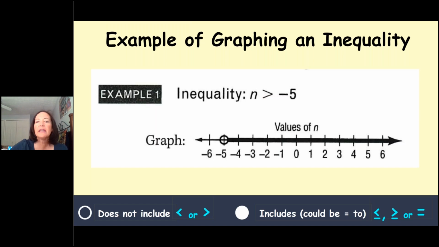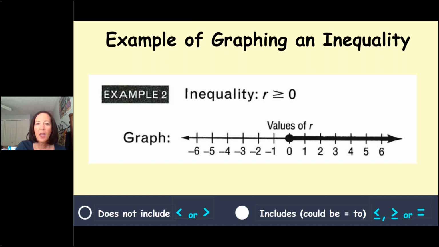It would never be exactly -5. So we're going to use the open circle to represent it won't ever be exactly -5, but the values of n are all the numbers that are bigger. And so they've written that in a dark line. This is kind of what we're learning today and practicing.